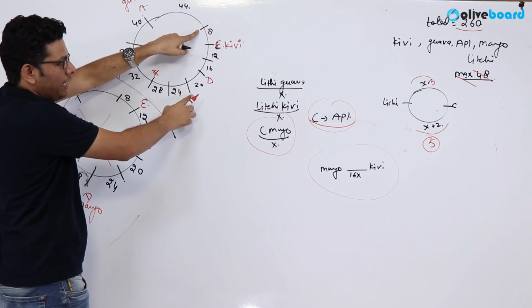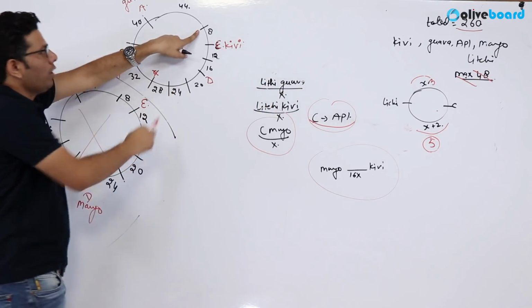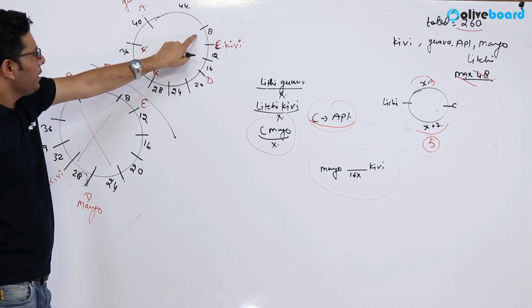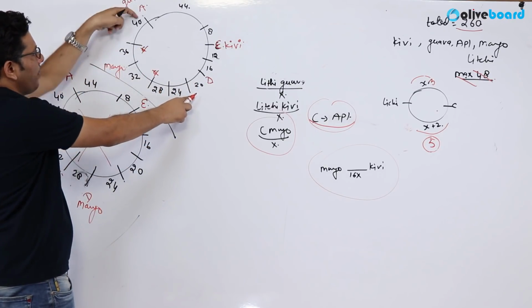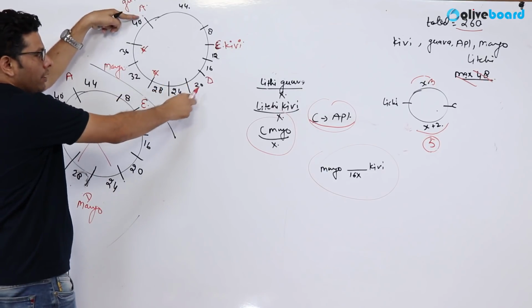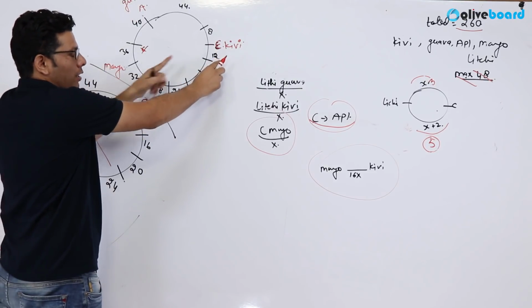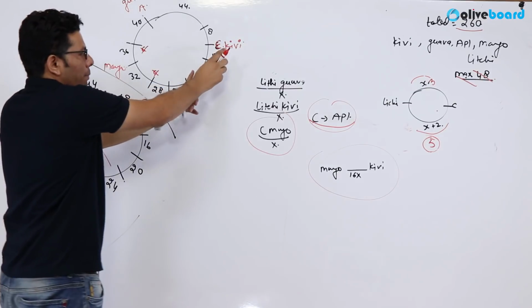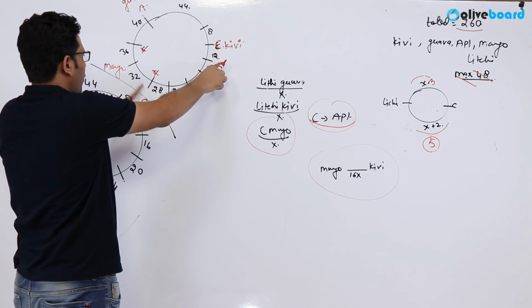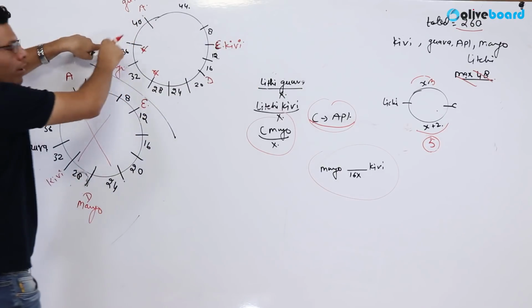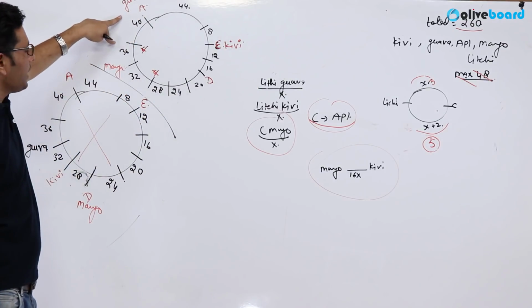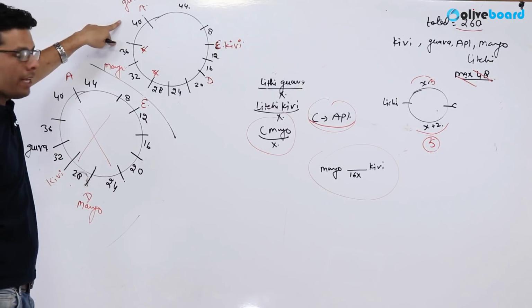And there was data that lychee and the guava are not neighbors. So lychee cannot come here either. If I put the C here, 1, 2, 3, 4, 5. Again, we cannot put C here. If I put the C here, 1, 2, 3, 4, 5 and this should be the lychee. Again my lychee becomes the neighbor of the guava. So C cannot be here.